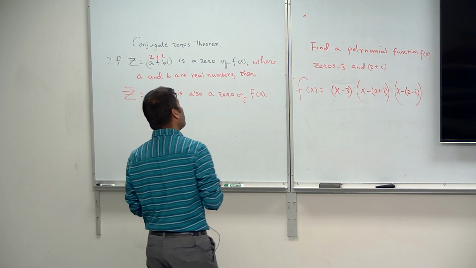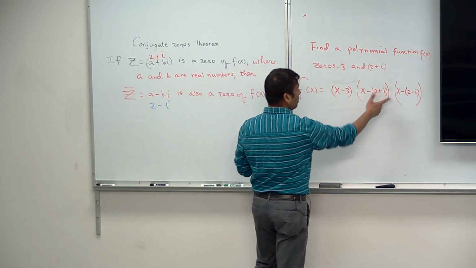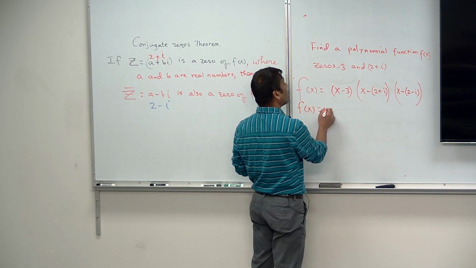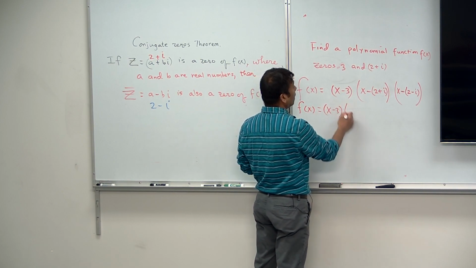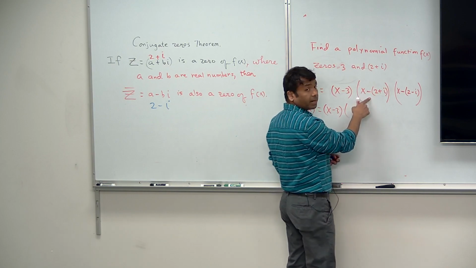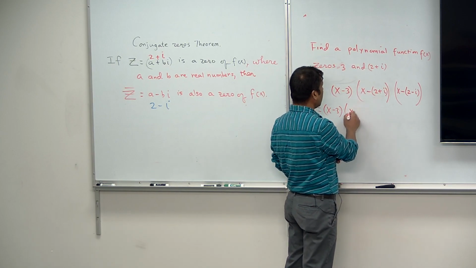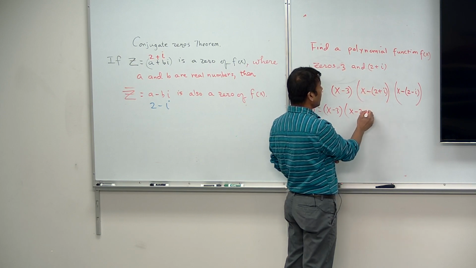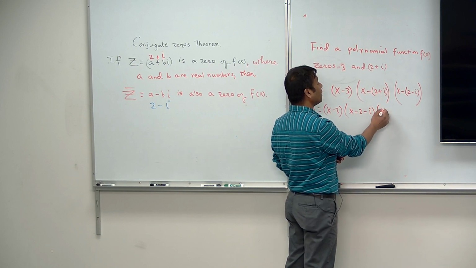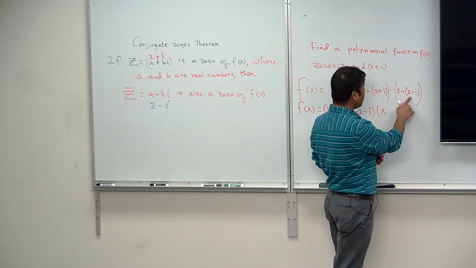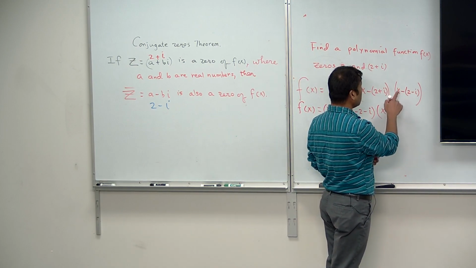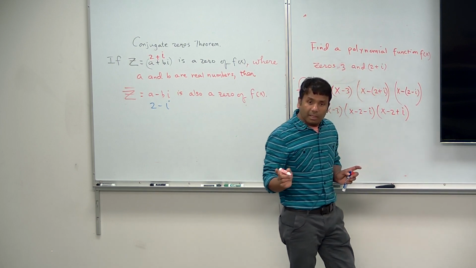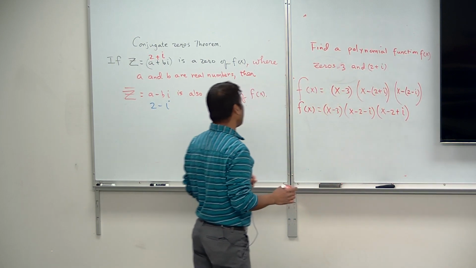So now f(x) equal to x minus 3. Let's simplify this. Let's distribute this negative: x, negative times positive 2 is negative 2, negative times positive i is negative i. And this is x, negative times positive 2 is negative 2, negative times negative is positive i. Does that make sense?